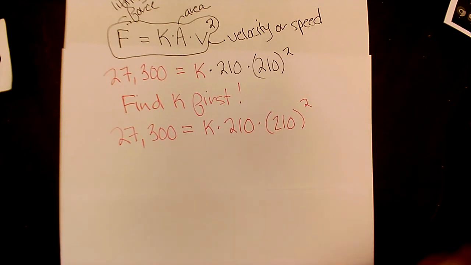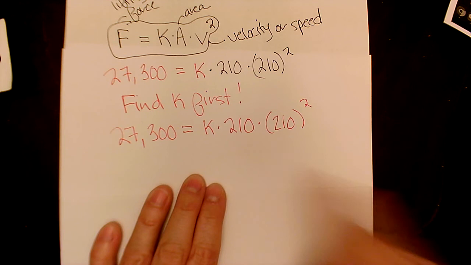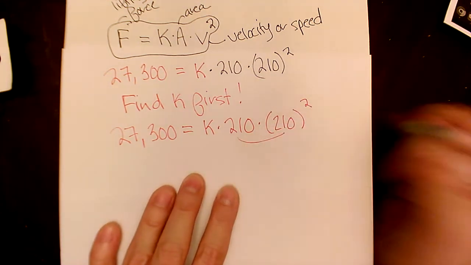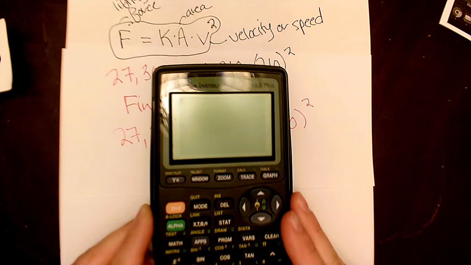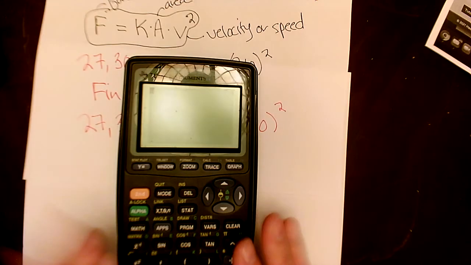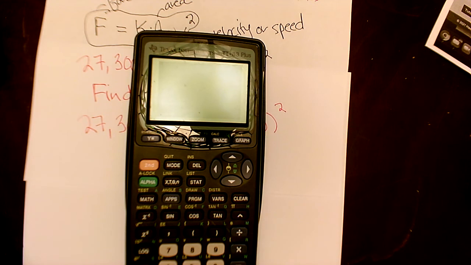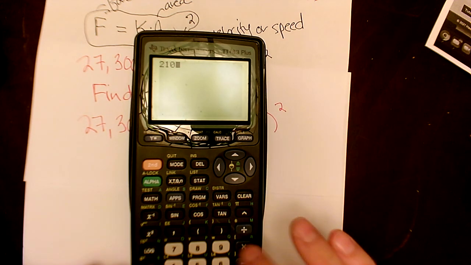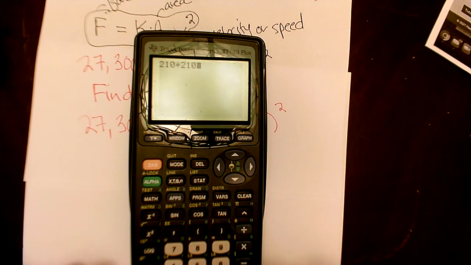I'm going to multiply 210 times 210 squared, and the squared is right here, x squared.